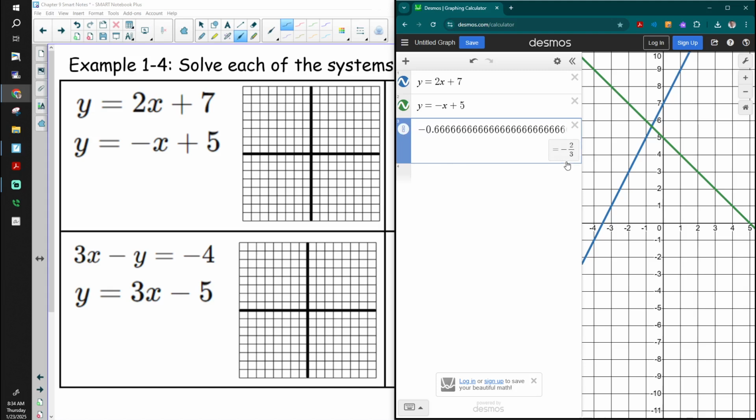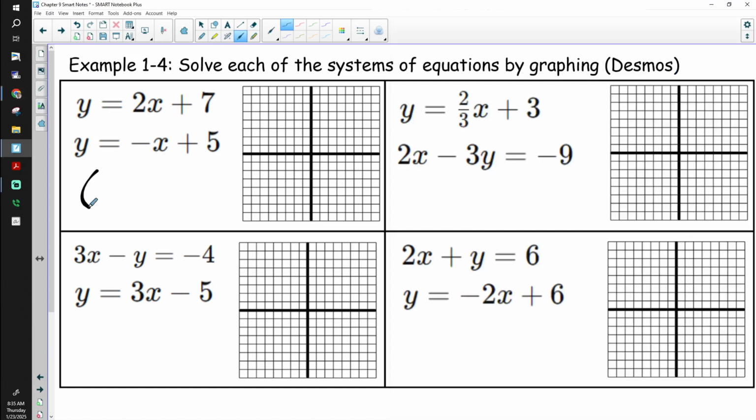That's negative 2/3. Our y value is 5.6 repeating, 5 point tons of sixes. Click my fraction button. And that's how I get my solution. You remember doing that? The repeating number, turning them into fractions. Okay, so our solution is at negative 2/3 and 17/3.